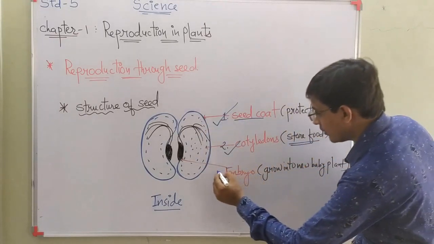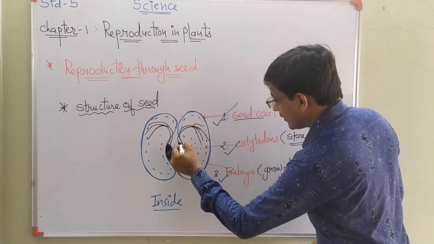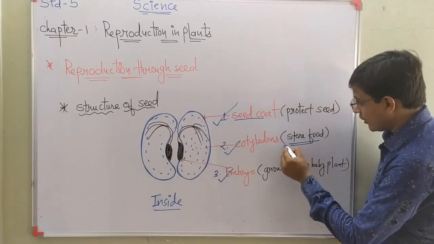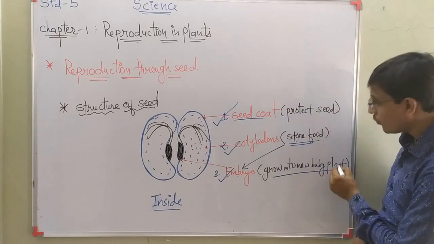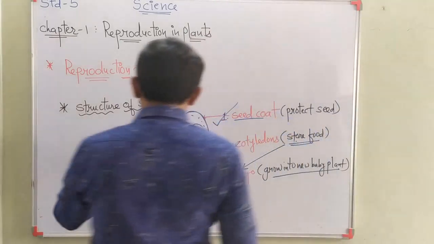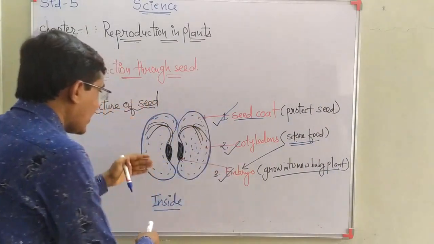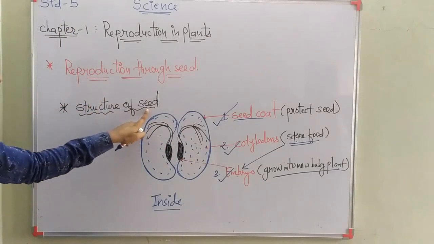Now the third part is the embryo. Where is it present? See, it is present here. The embryo uses the food from the cotyledon and develops into a new baby plant. From that, new leaves arise. After that the cotyledon will break and a new baby plant will be produced. So what is the structure of the seed?